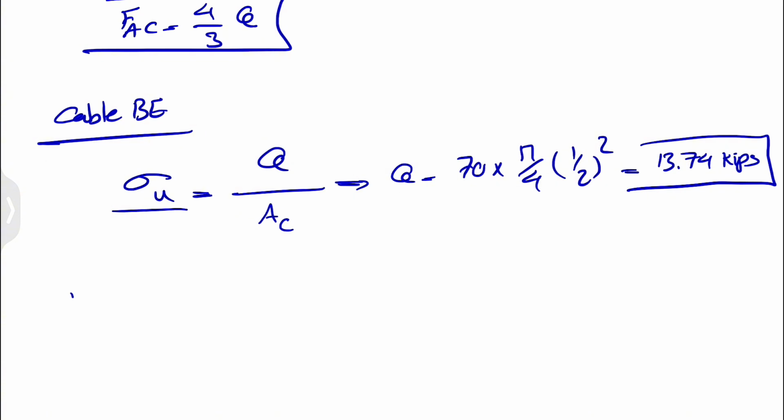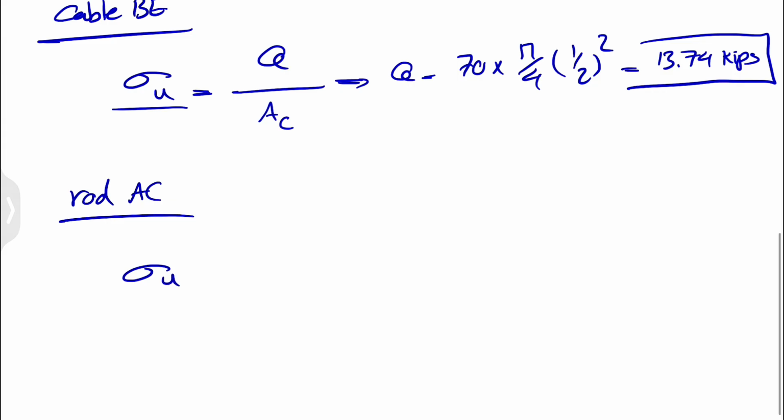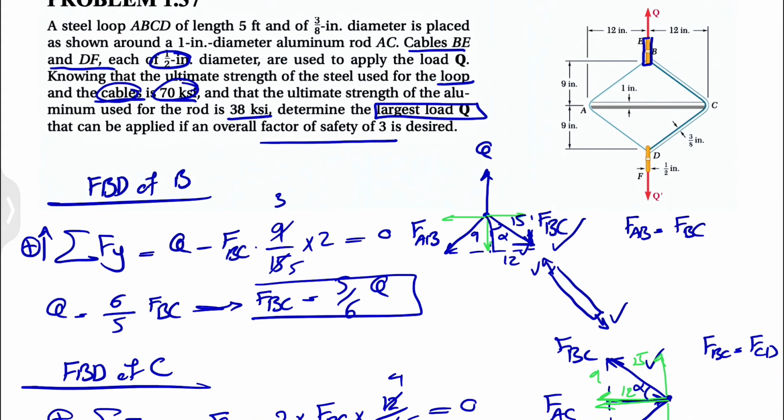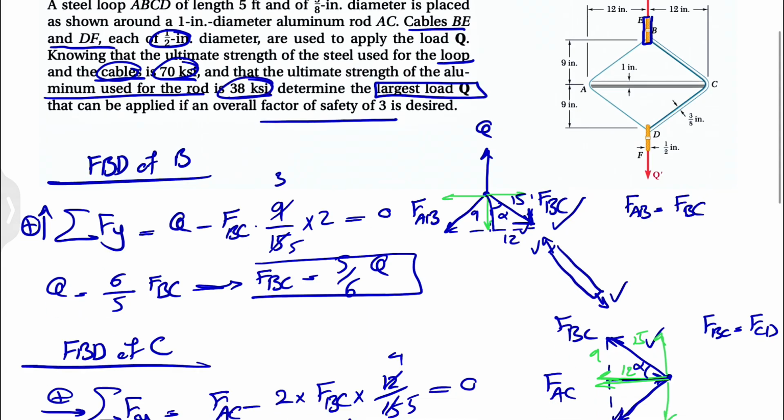Let's move on to the rod AC. So same thing, we have the ultimate strength for the rod AC. Here we have the FAC over the area of the rod, shown with AR. So FAC in here would be the ultimate strength of the aluminum rod, which is 38 KSI.